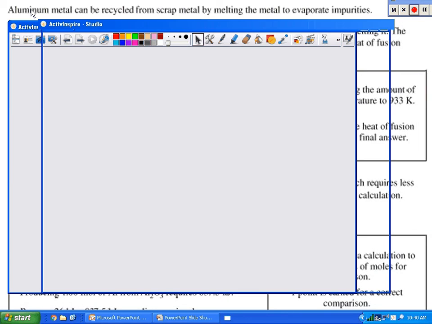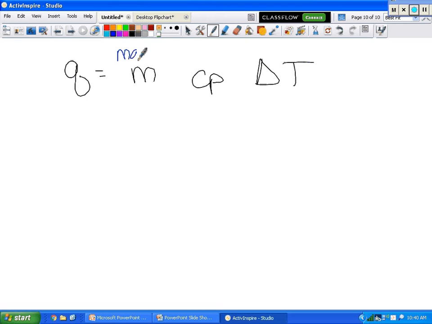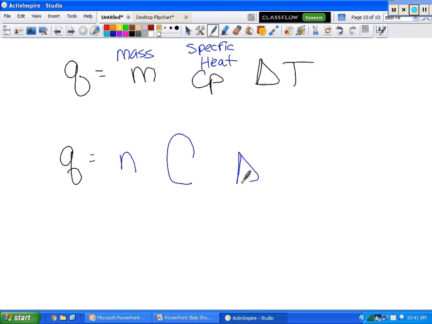Remember, whenever we do the specific heat capacity formula, it's Q equals M CP delta T. Again, I wrote this yesterday, this is mass, this is specific heat, and obviously you guys know what delta T is. But the formula that they used was a little bit different. They used N times capital C times delta T. You already know what N is.